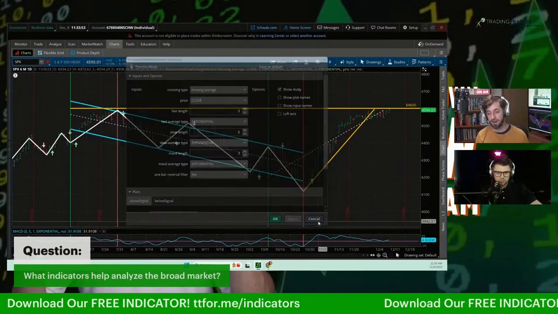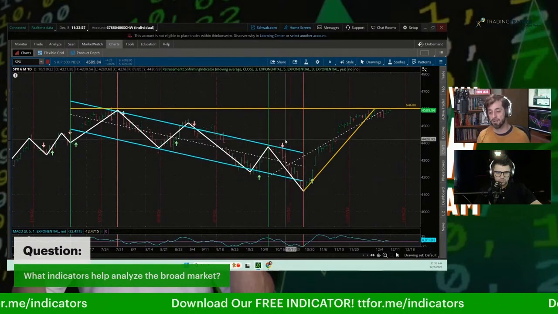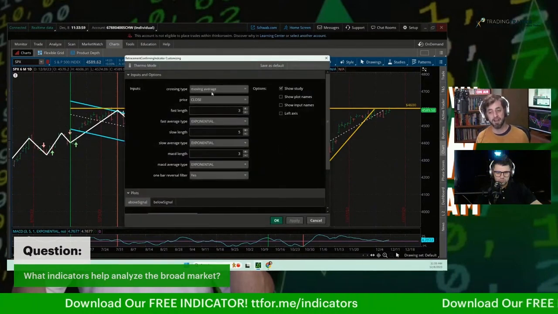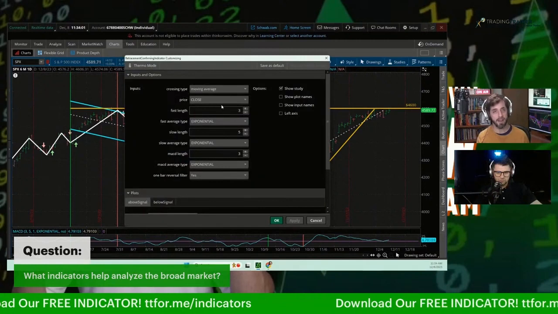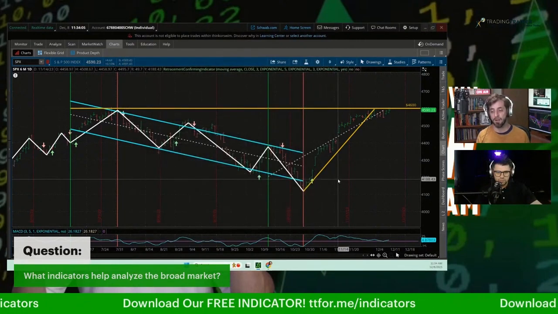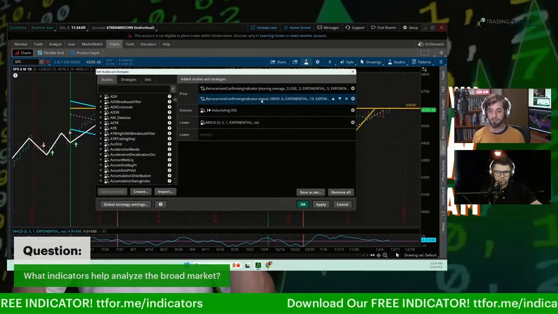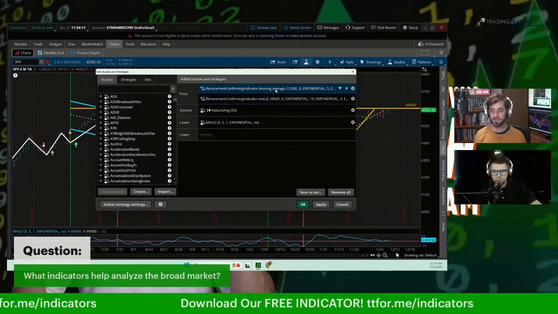A lot of people have brought up to me that when you look at the broad market, you use the 3 and 5 day exponential moving average crossing with your one bar filter. But it seems like a lot of times when you're trading, and I'll show you, I've actually got my indicator added twice.